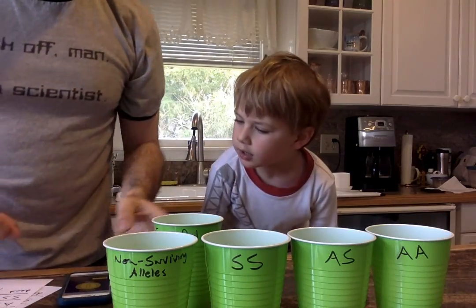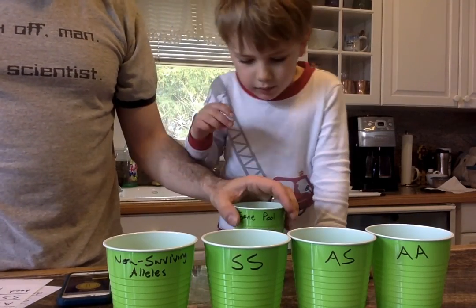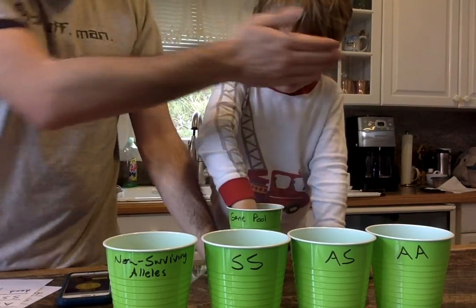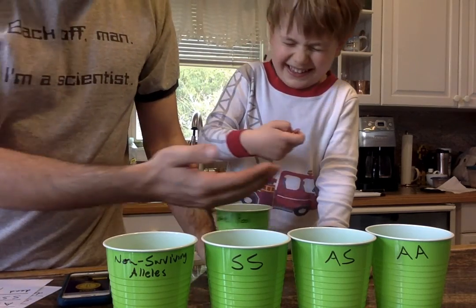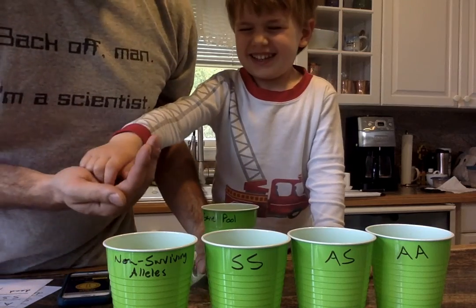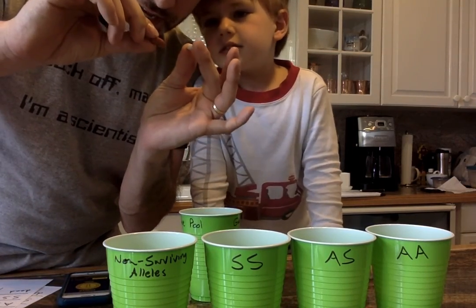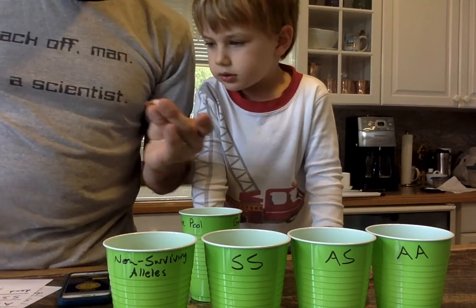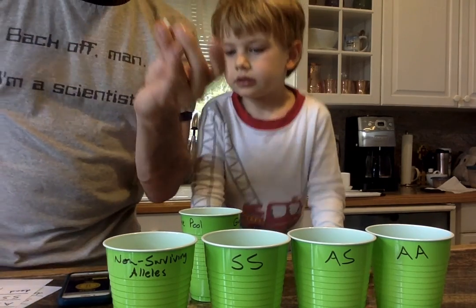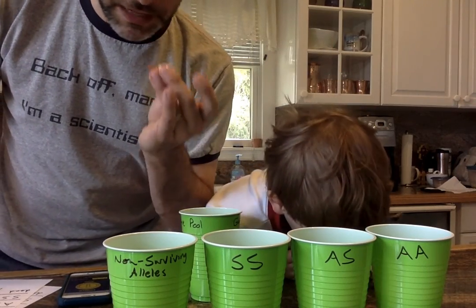So Isaac, can you pick out 2 beans without looking? Put them in my hand. You can look now. We have a red and a white. That means this person would be heterozygous, not have sickle cell, but have the gene for it.